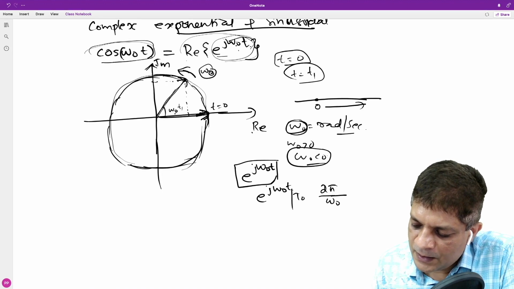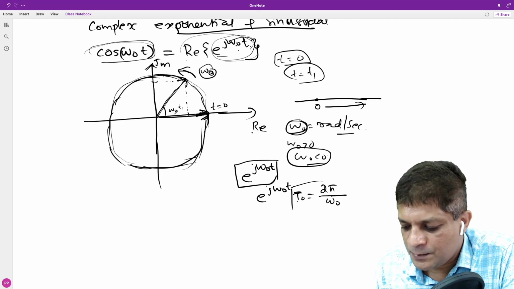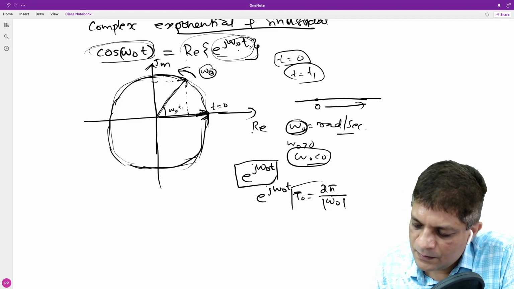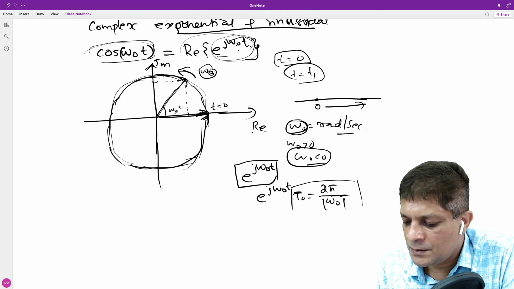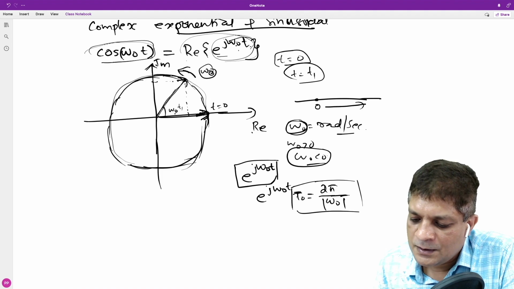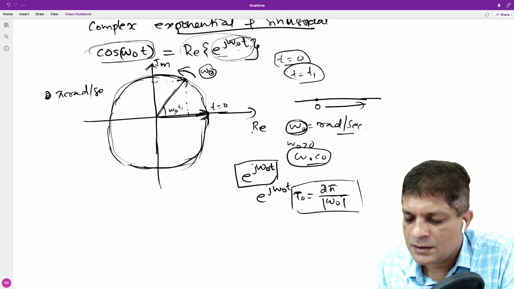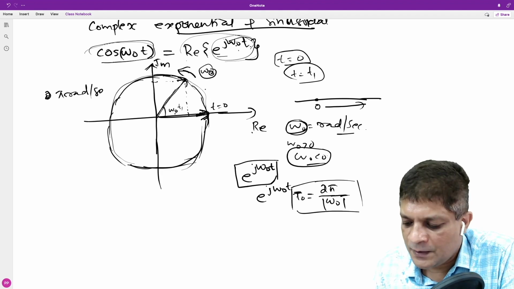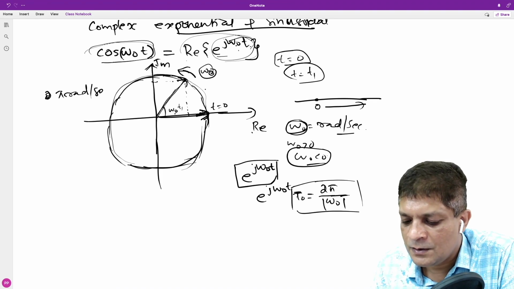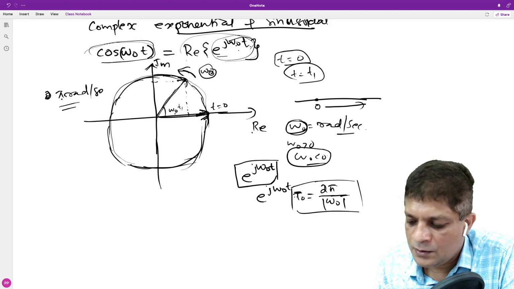Since we consider the fundamental period of a signal as positive, we consider the absolute value, because the signal may be rotating in this direction also. Let's say this is pi radians per second, rotating in the anti-clockwise direction. What is the fundamental period? In this case, if omega naught is pi, then T naught is 2 seconds, isn't it?